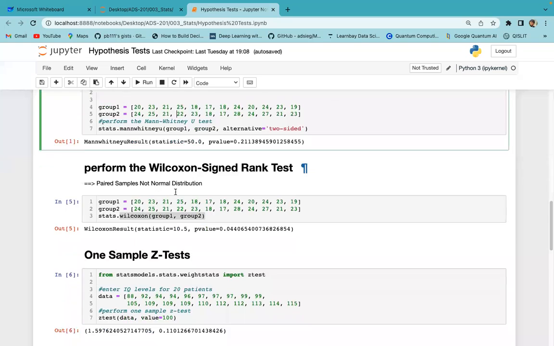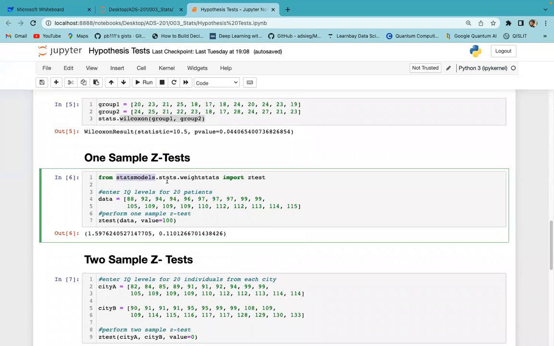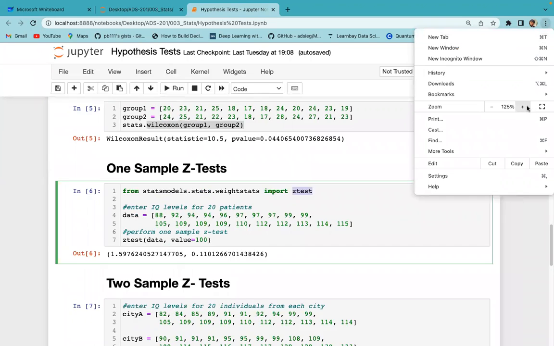So you can just go ahead with this. In statsmodels we have the stats module, and we have weightstats. From this library we can import the z test.